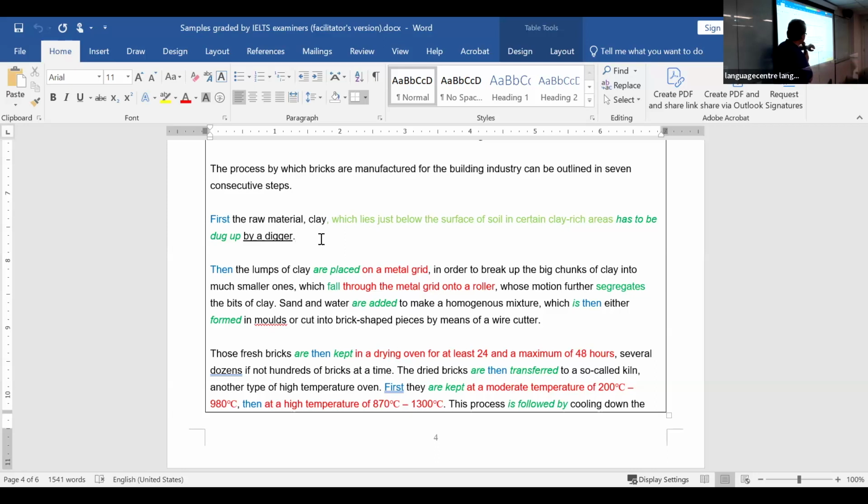You can see the verbs being used in the timeless present form, or simple present tense, and very often the passive voice is used to put the focus on the action itself.